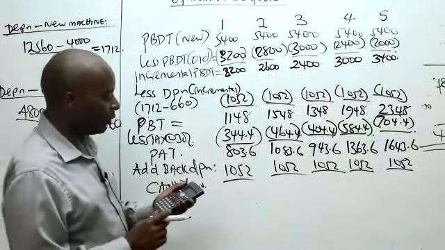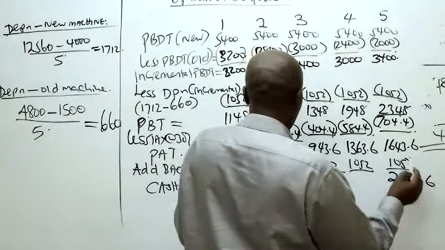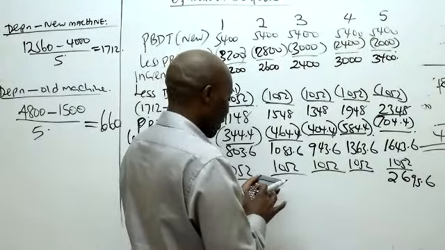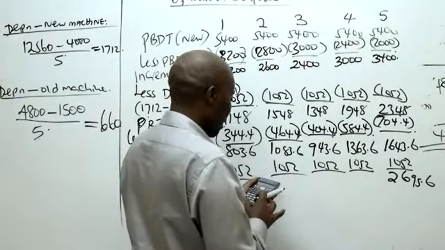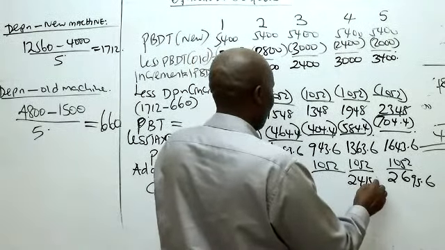What figure am I able to get here? 2695.6. 1363.6 plus 1052 gives me 2415.6.